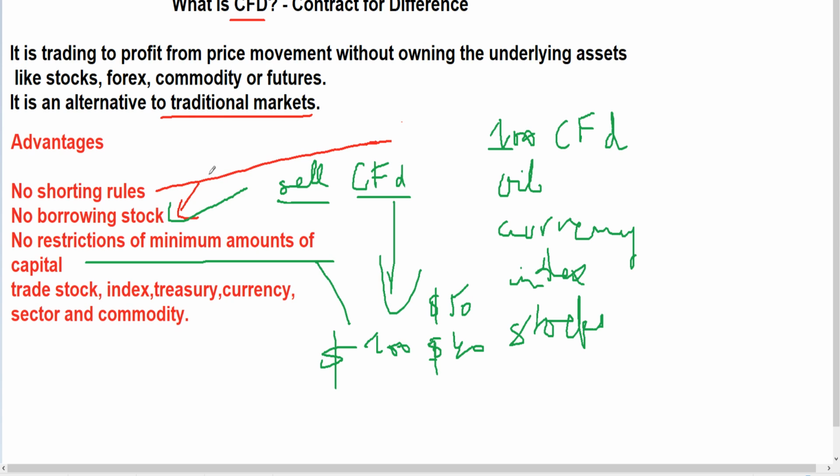For example, if you want to buy treasury bonds, most of the brokers don't have bonds. You should go to a big broker that has bonds. Most brokers also don't have currency.